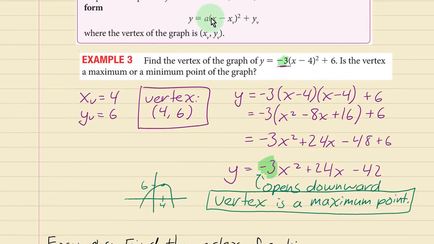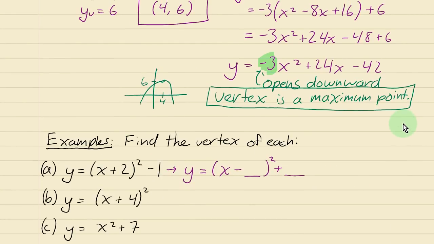It's something times (x minus the x-coordinate of the vertex) squared, and then plus the y-coordinate of the vertex. So if we want to have a plus 2 here, how do you subtract something to get positive 2? Well, it would be x minus negative 2. That's the same thing as x plus 2. And that means the x-coordinate of the vertex is negative 2.